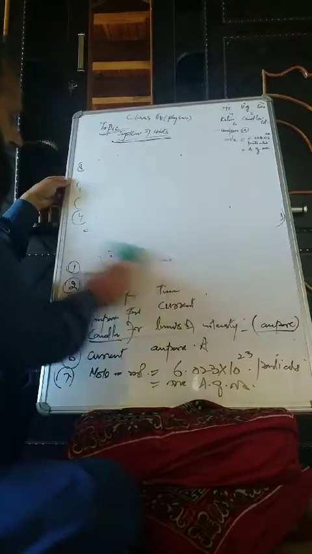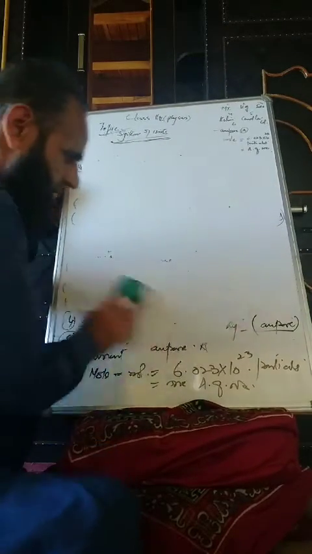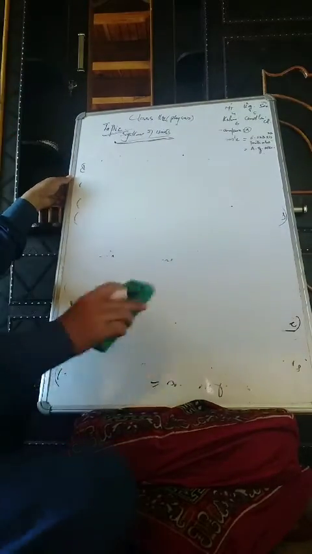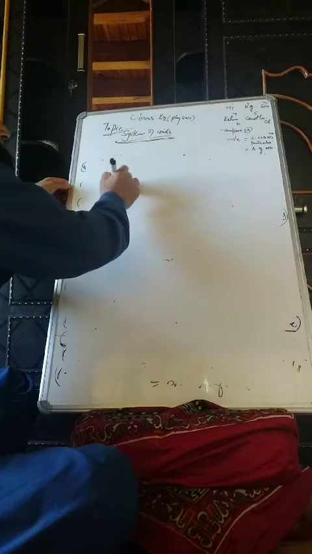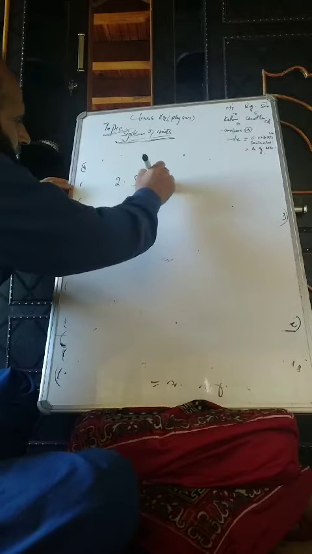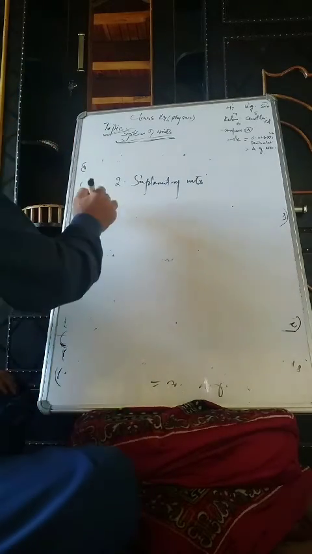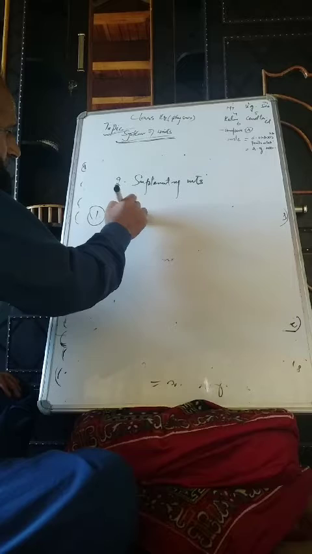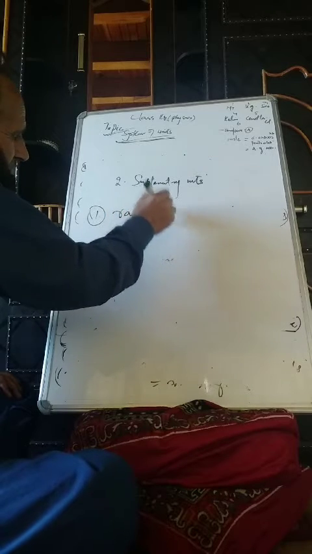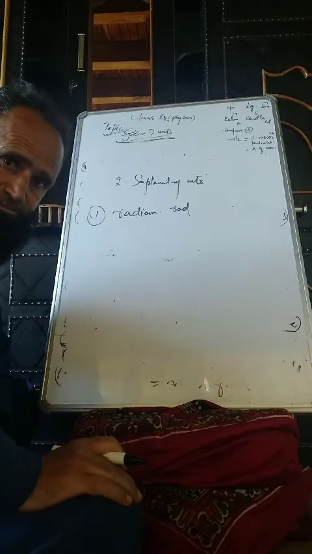In addition to these 7 units, we use 2 supplementary units. Those two supplementary units are radian, RAD, for a plane angle.